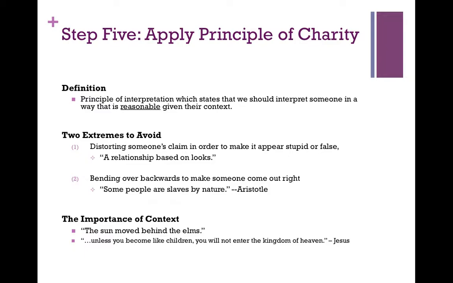We don't want to put words into the person's mouth they wouldn't accept. When we do that, we're being uncharitable. So this is something that is going to be in the background any time we interpret someone, any time we try to reconstruct their argument, any time we are reading or listening to someone. We should always strive to interpret them and understand them in a way that is most reasonable.